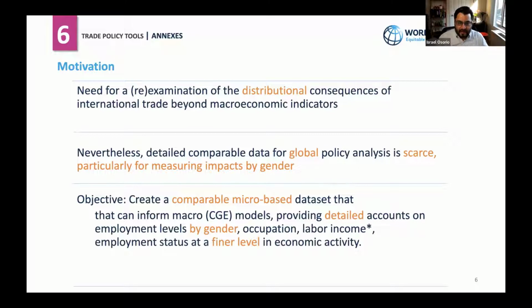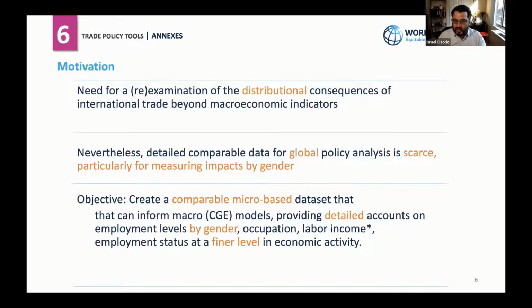This was a very ambitious project, so we rely on a lot of household surveys that we have at the World Bank. We discovered that we have very good data in terms of household budget surveys, but our coverage of labor force surveys is not that great, and it's not part of the specialization that we have in the bank. So we are finding all these issues.